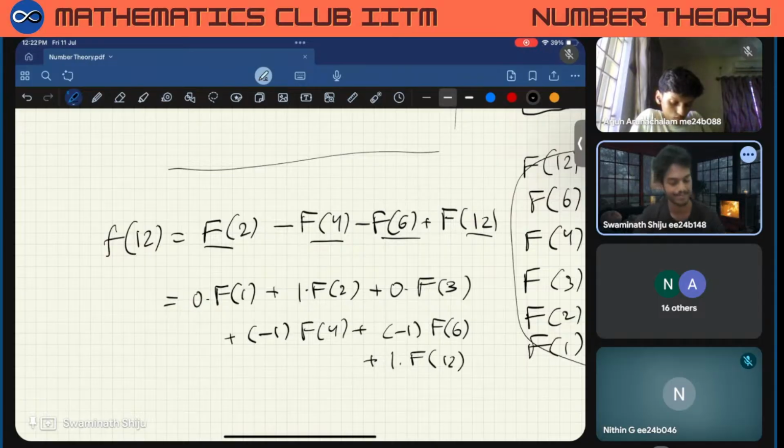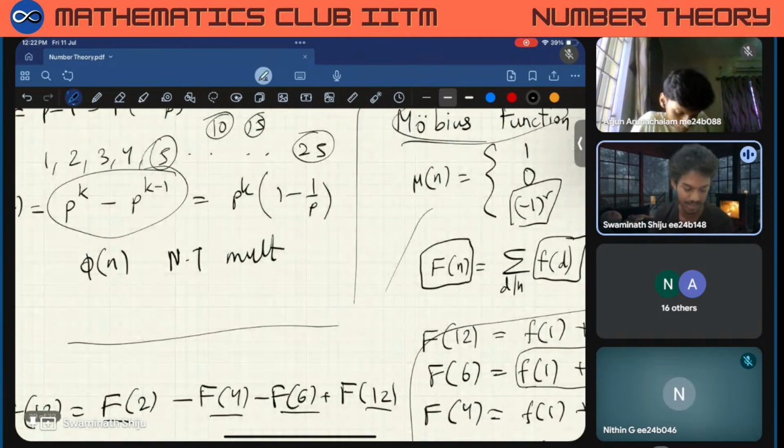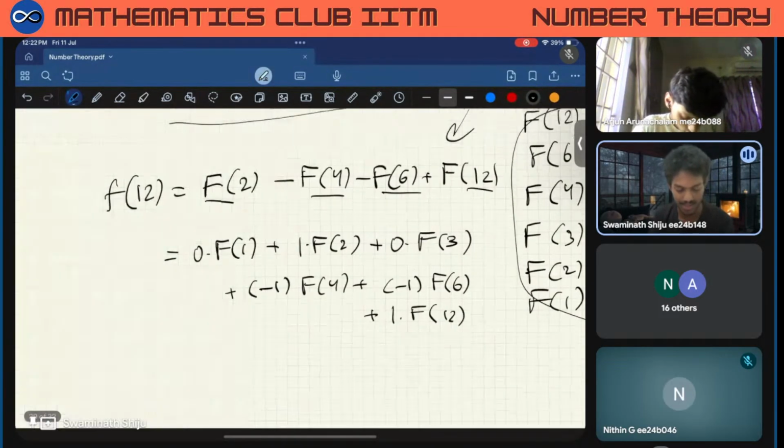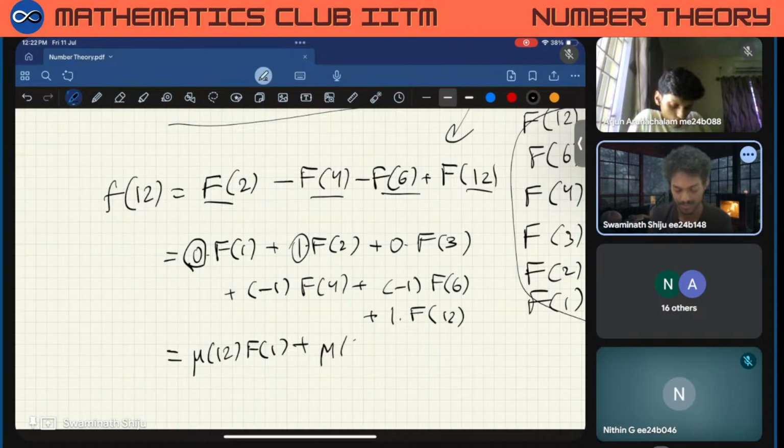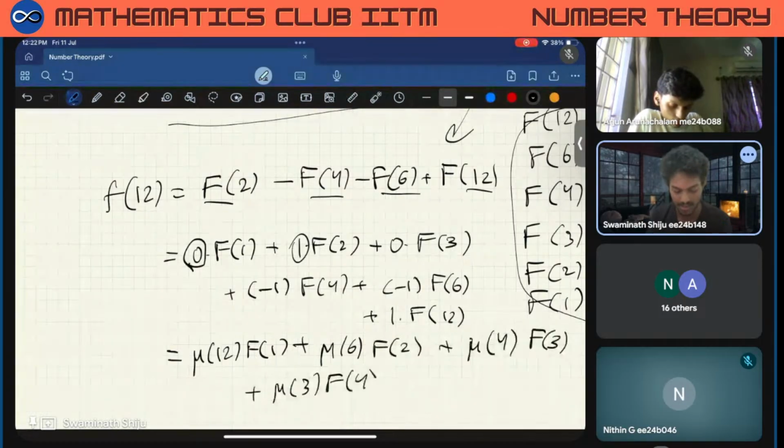Now, this is where insanely smart math people created this function, and they simply did this. This is mu of 12, f of 1. This is mu of 6, f of 2. This is mu of 4, f of 3. This is mu of 3, f of 4. This is mu of 2, f of 6.